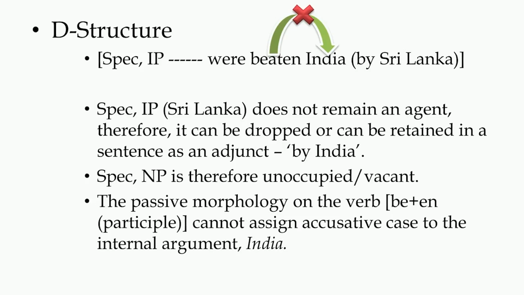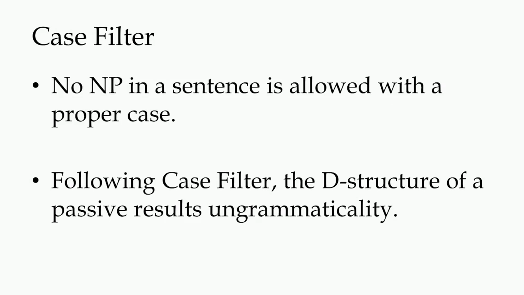Therefore, because the caseless NP is not permitted, that becomes the motivation for the displacement of an NP to a different position. And luckily, in this situation, the spec of IP is available for such a movement. This movement is within IP, compelled by the case filter, and therefore we get the structure preserved.